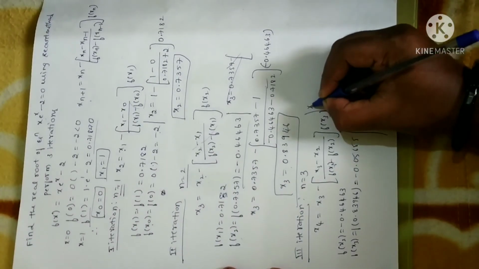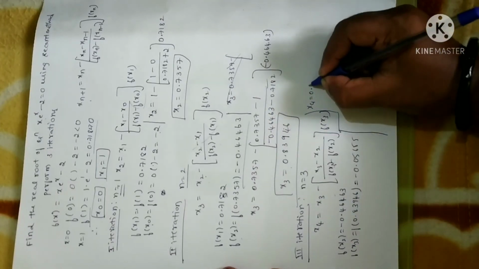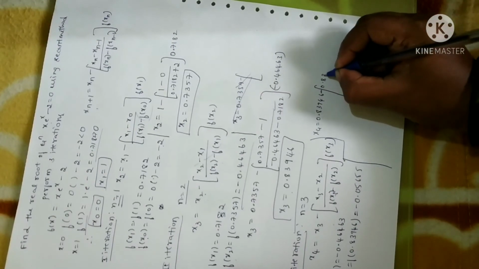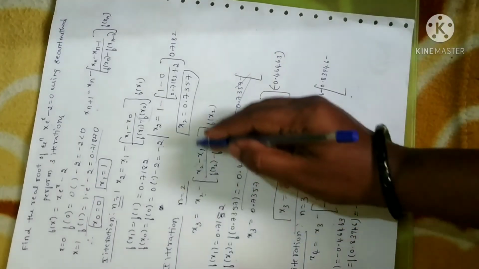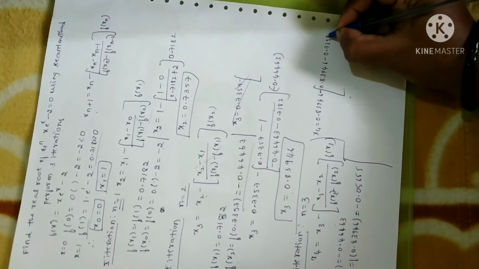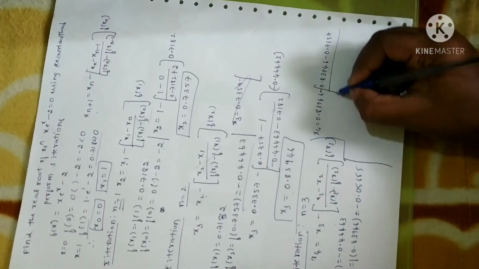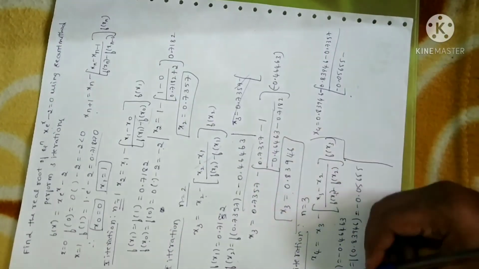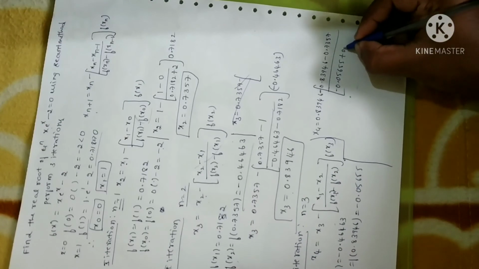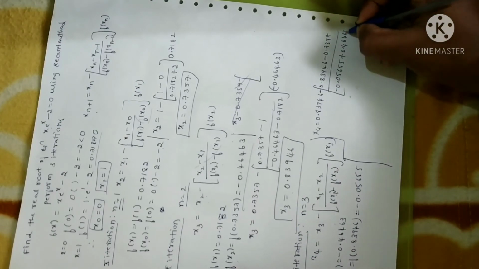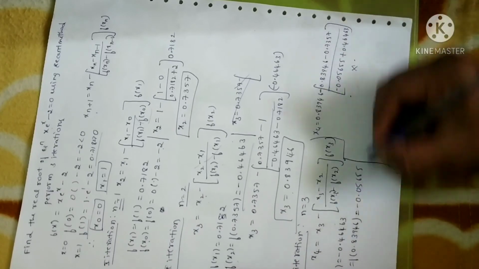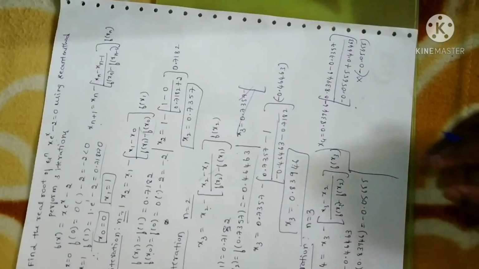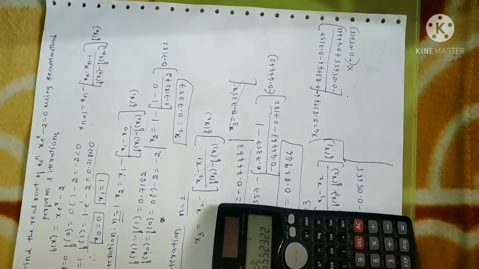Now let me substitute all these values in x4. So you are going to get x4 is equal to x3, which is 0.83946, minus (x3, again 0.83946, minus x2, which is 0.7357), divided by (f of x3, which is minus 0.05655, minus f of x2; minus of minus will become plus 0.46463), into f of x3, which is minus 0.05655. Clear? Now let me simplify this.